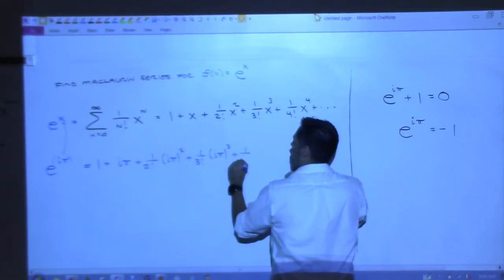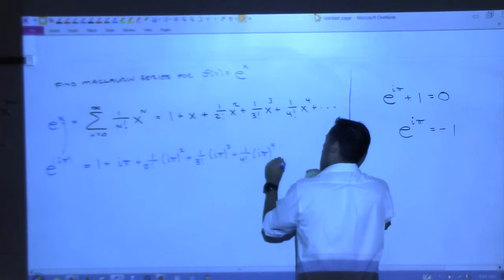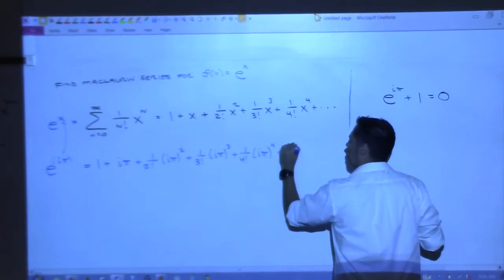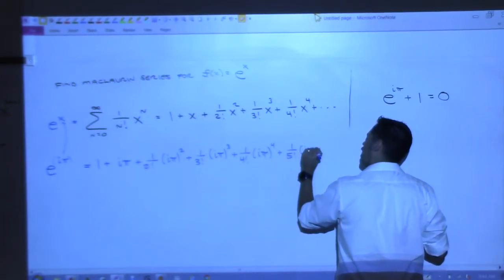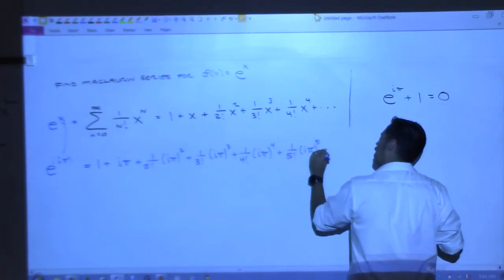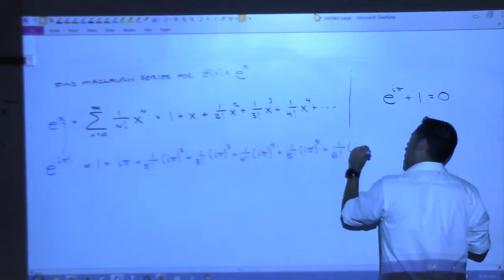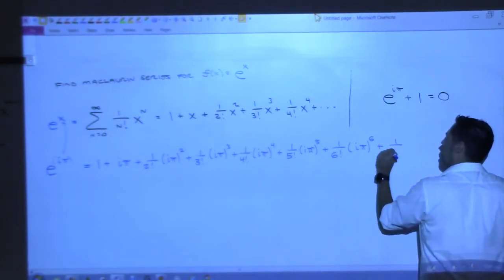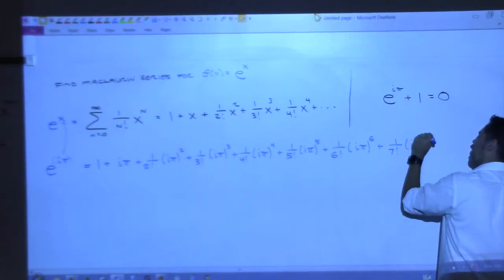Plus 1 over 4 factorial, i pi to the 4th. I'm going to go quite a few more here. 1 over 5 factorial, i pi to the 5th. 1 over 6 factorial, i pi to the 6th. Okay, you can stop at 6.